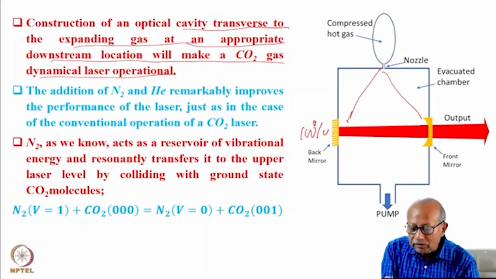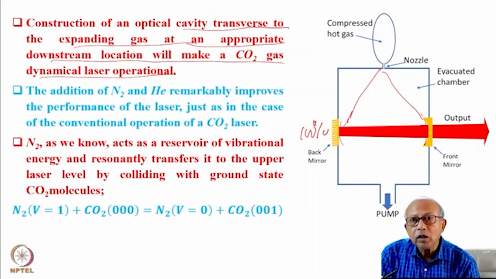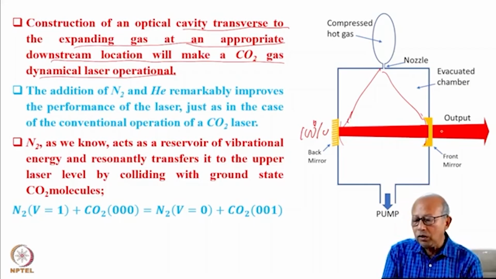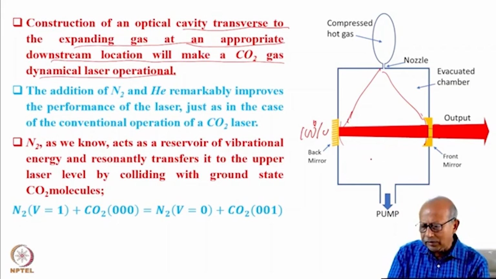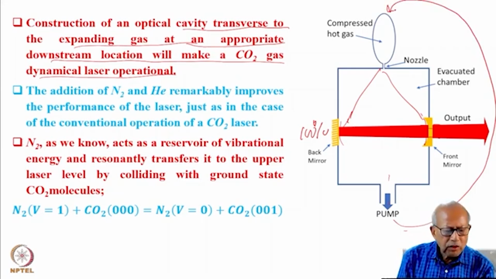And therefore, as this population inverted gas passes through this region of the cavity, there will be stimulated emission that will be seeded by spontaneous emission. It will result in amplification of light, and eventually it will result in the output beam coming out of this cavity, and the gas is then pumped out and is once again available for continuation of the lasing process.